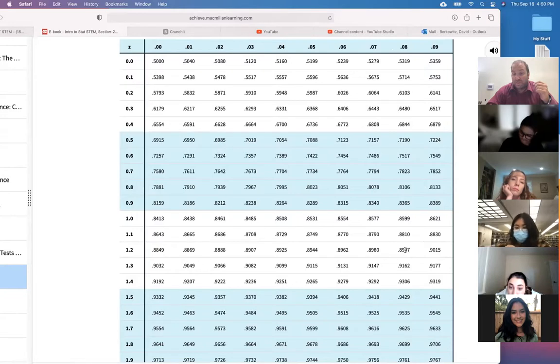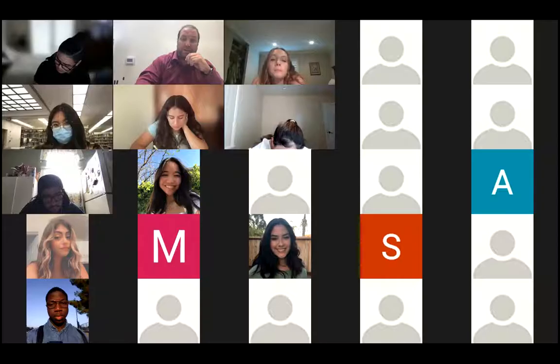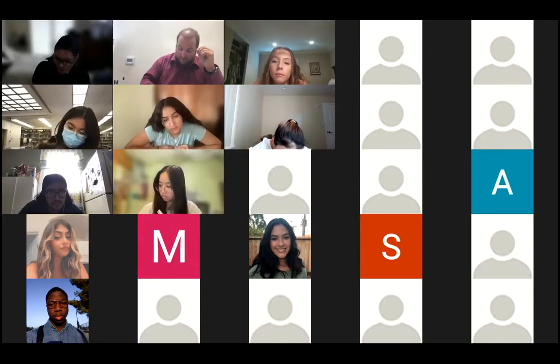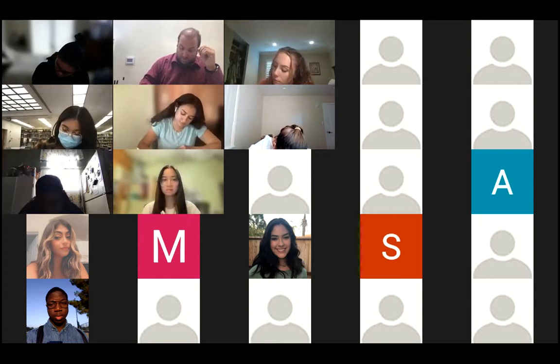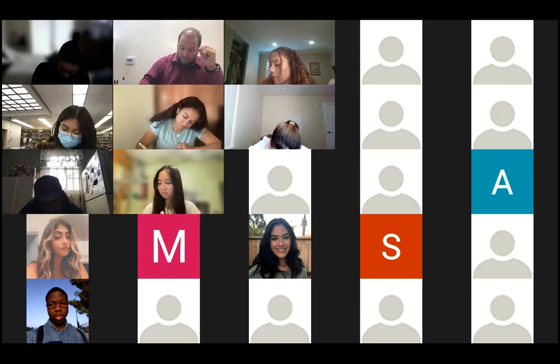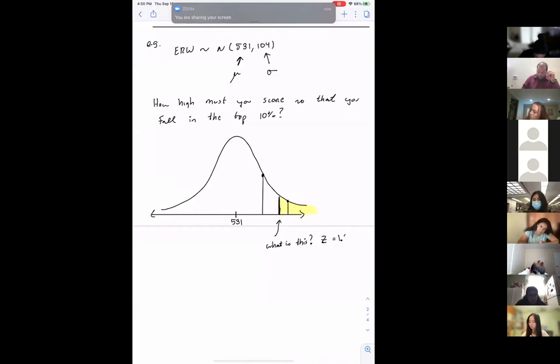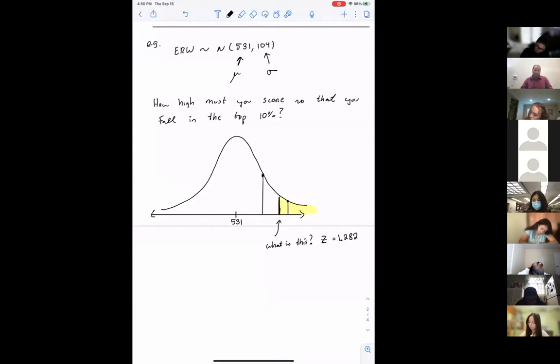Does that seem reasonable? It's somewhere in between, but closer to this one. Let's do 1.282. So I'm going to pick as my z-score 1.282. So this is z equals 1.282. That's what the table gives me for my z-score.